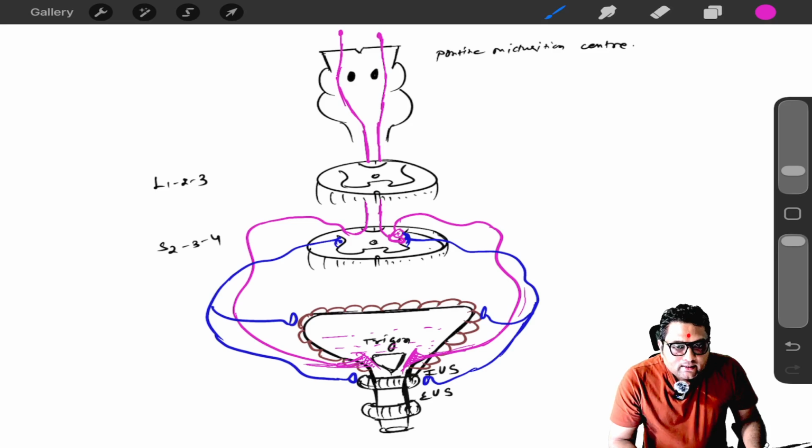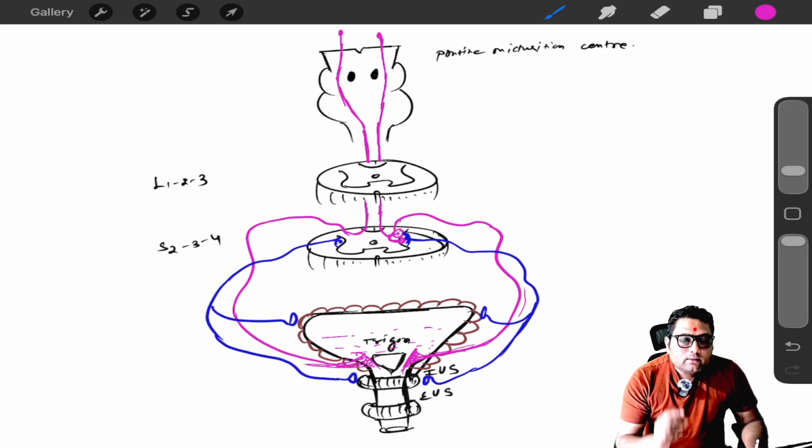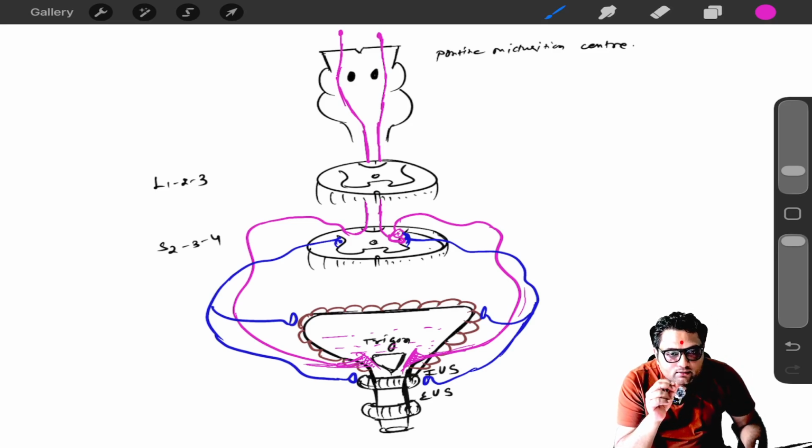This sensation carried to the sensory cortex gives the feeling of micturition, or creates an urge of micturition, and that is also called conscious awareness of bladder filling.